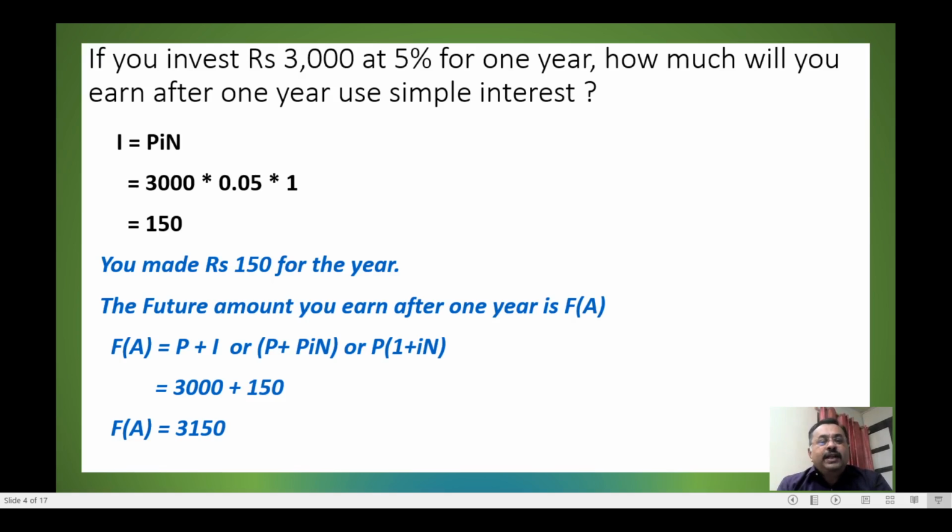Or it can also be expressed as P plus PiN, or you can take P as the common factor outside, P times (1 plus iN). Hence it is 3000 plus 150, that is 3150 you will have after 1 year. That is, the future amount after 1 year will be 3150. Let us see the next example.